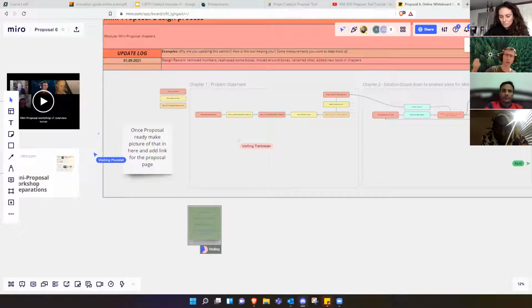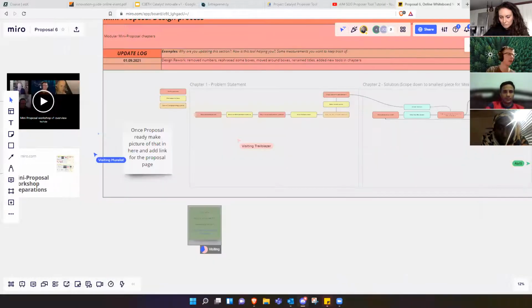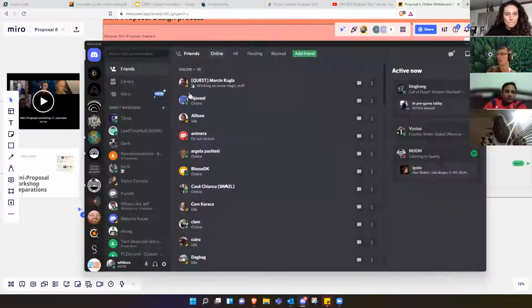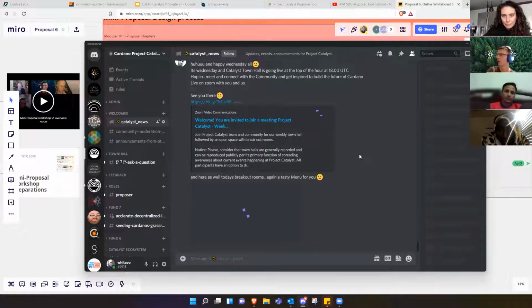But also in one server, you can have channels, which usually involve a specific topic. Okay, got it. And yes, I myself prefer to use Discord, and very rarely am in Telegram. So now it opened up. One of our so-called main servers is the Cardano Project Catalyst server, and it loads quite long.